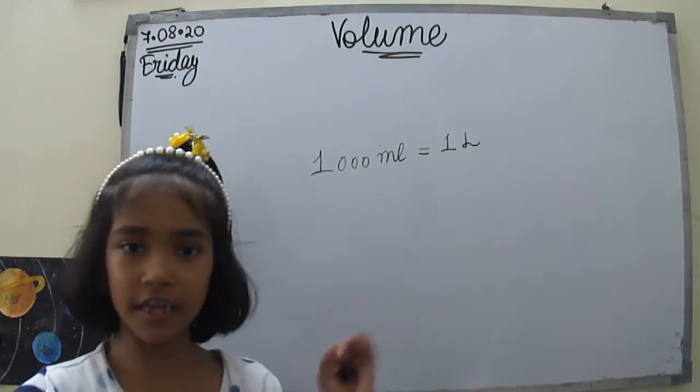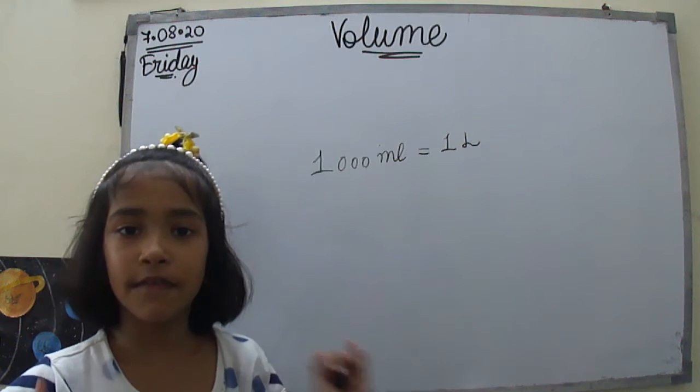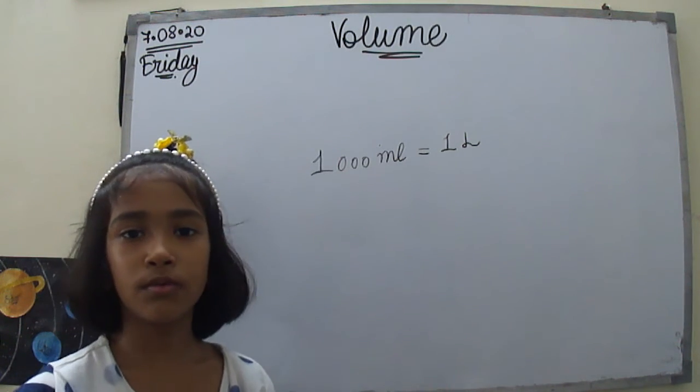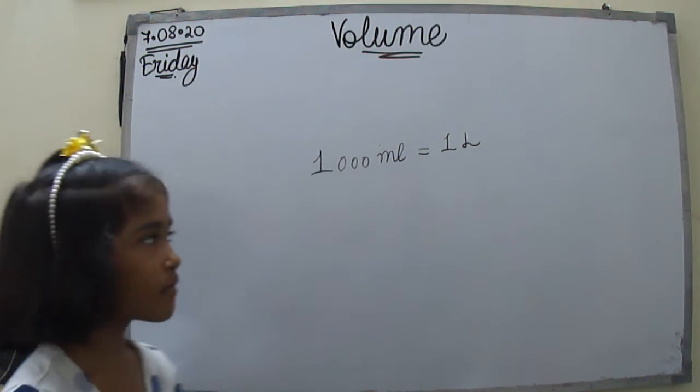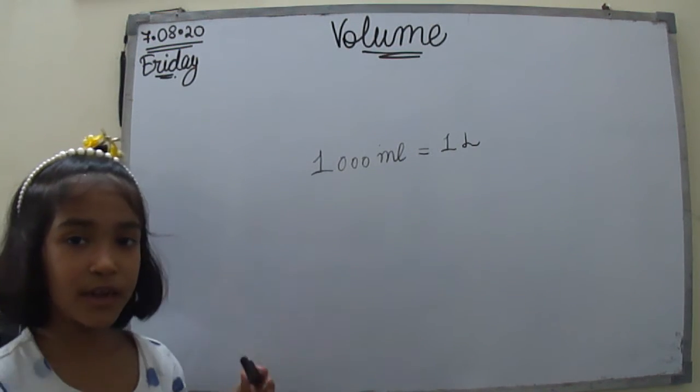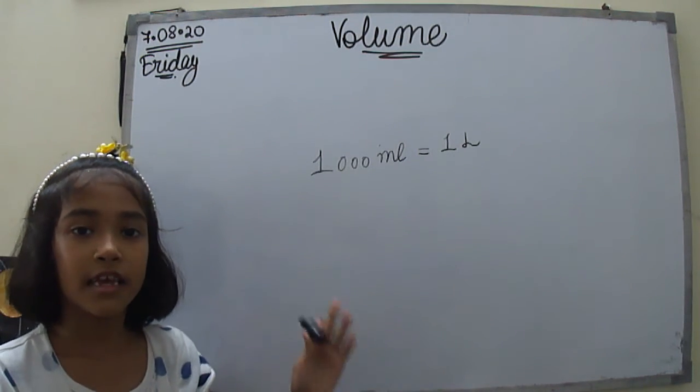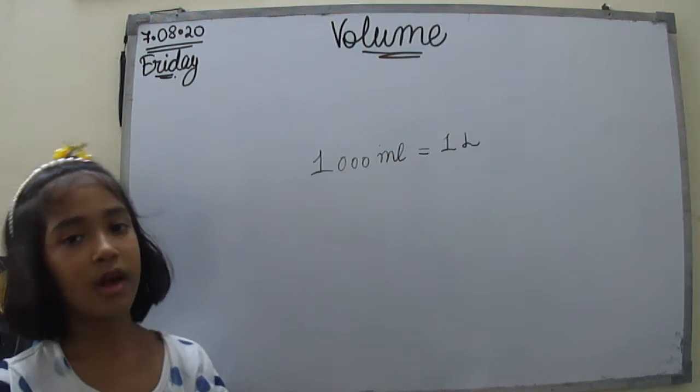The short form of liter is L. We write only L to say the liter. And 2000 ml is equal to 2 liters.